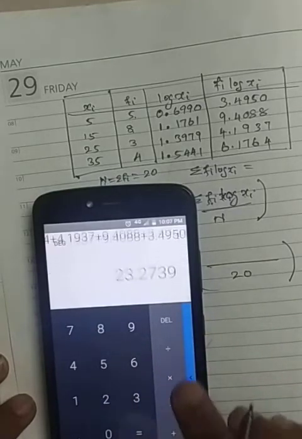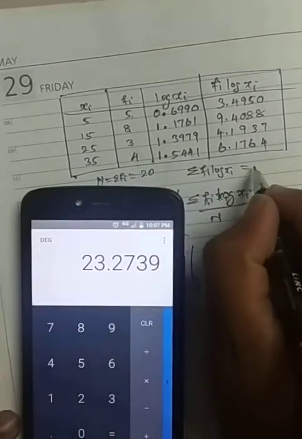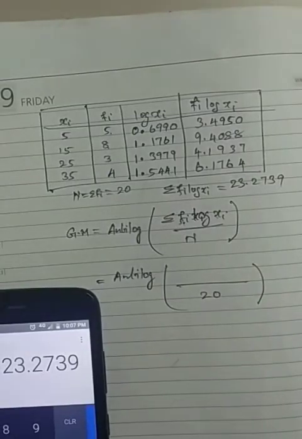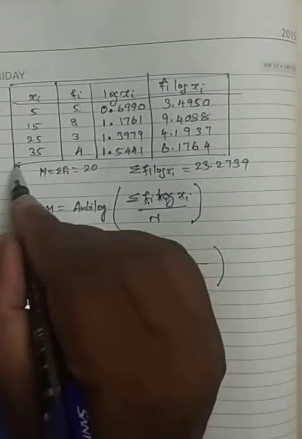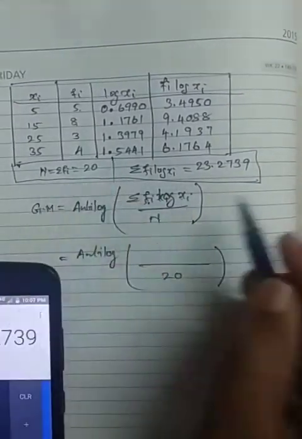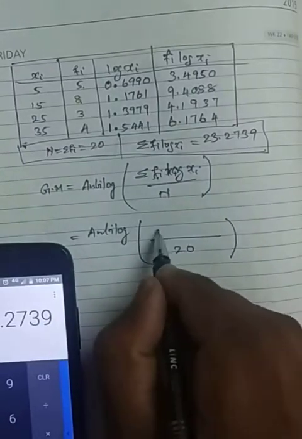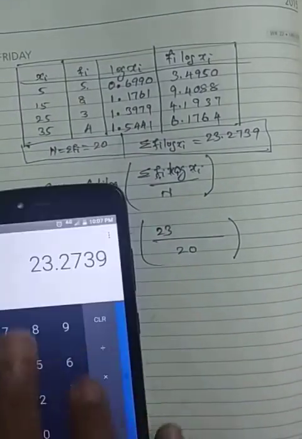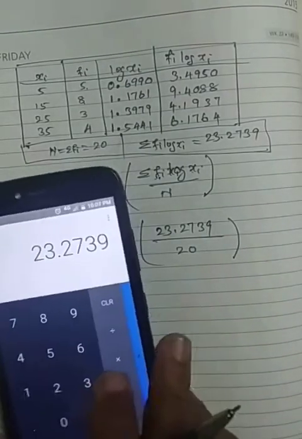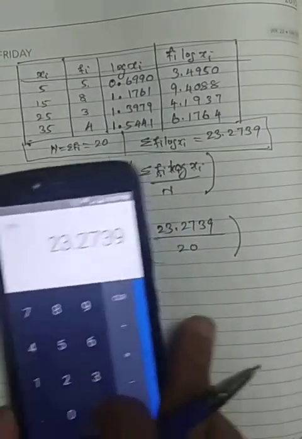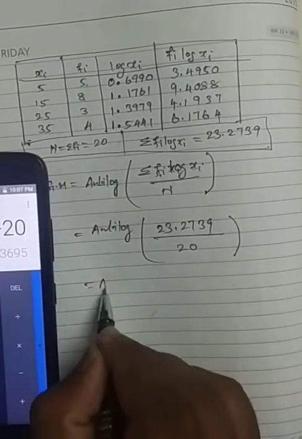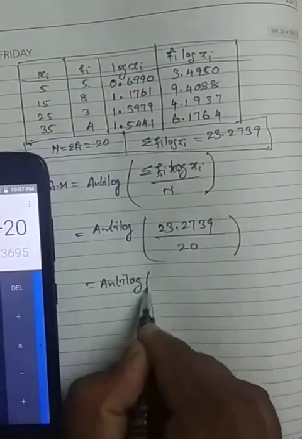If you add totally, it comes to 23.2739. Keep in mind that this should be written within this one, the n value. You write 23.2739. Now I am going to divide this value by 20. So what am I getting? We will write the antilog of the value that comes.